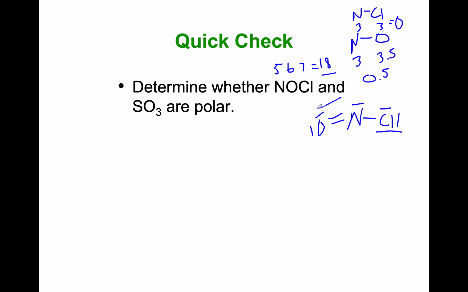I'm indicating this with the arrow pointing to the more electronegative, the positive remaining on the least electronegative. So you can see then overall, if I think about the shape, now I can draw the shape. That's bent. And we have a net dipole in that area, so this would be overall a polar molecule.